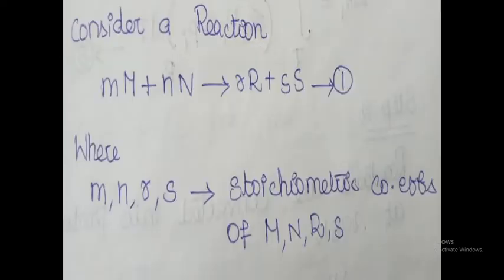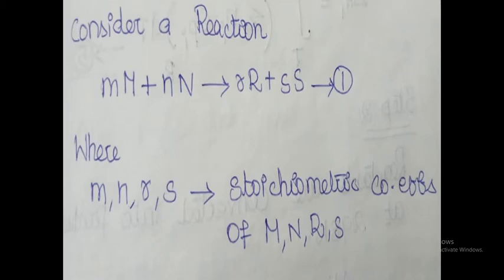Consider a reaction small m capital M plus small n capital N gives small r capital R plus small s capital S. This is equation number 1. Here small m, n, r and s are the stoichiometric coefficients of capital M, capital N, capital R and capital S. Which one is the reactant, which one is the product here?